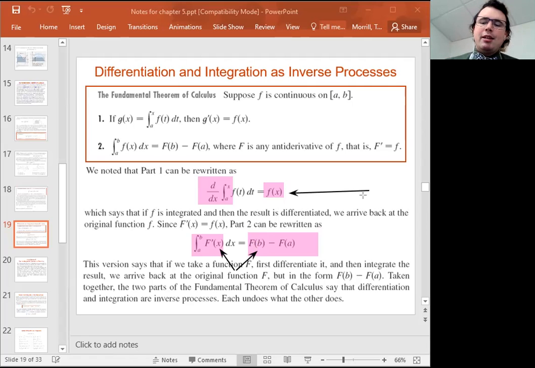It tells me the net area between the graph of the function and the x-axis. And it's useful to know that the calculation involves the original function itself. But it's also important to note that in this context, I get a number, not a function, as the result of my calculation.